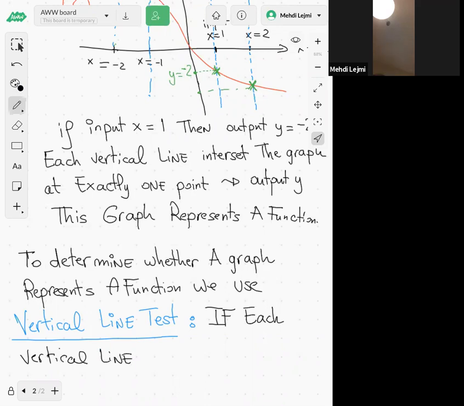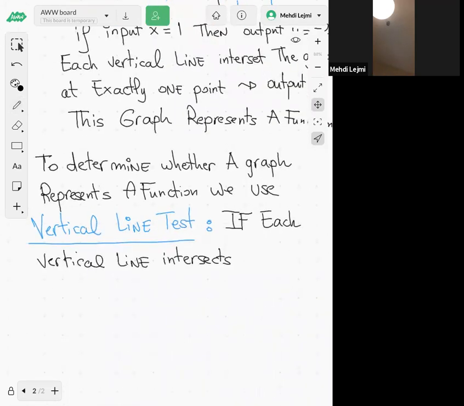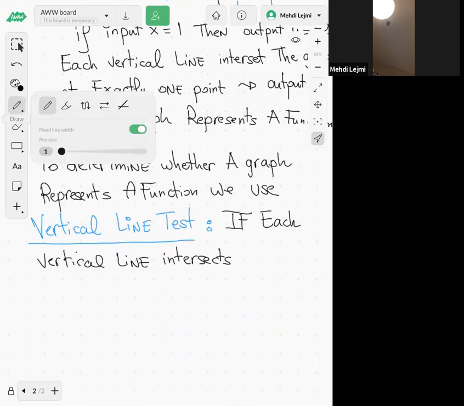If every vertical line intersects the graph at no more than 1 point, then the graph represents a function.